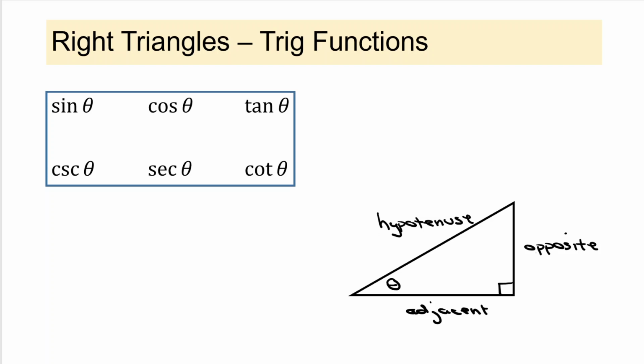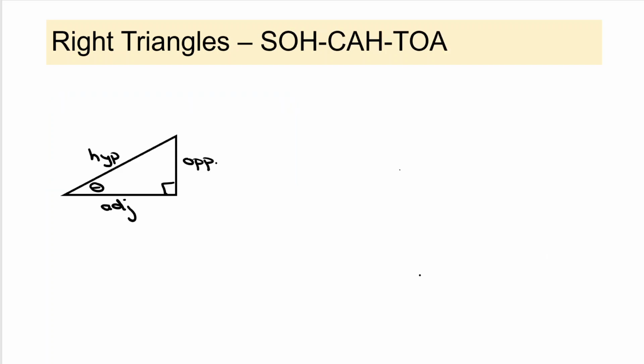So let's start defining our trig functions. So we're going to define the sine, cosine, and tangent first. Those are the ones you're going to be dealing with most frequently. So the sine of theta is simply the ratio of the side opposite theta, so the length of the side opposite theta, over the length of the hypotenuse.